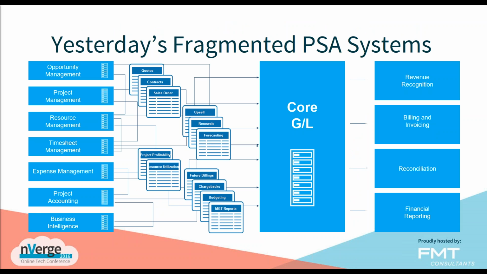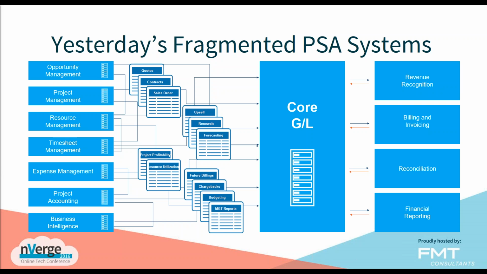So that's well represented in this slide, where over to the left I've got several spreadsheets that are being used to track opportunities, or maybe they're external systems that are being used to track opportunities, to manage projects, spreadsheets to manage resources, different applications to manage your time, and others to manage your expenses, all fed through some kind of upload or connector into another ERP solution.